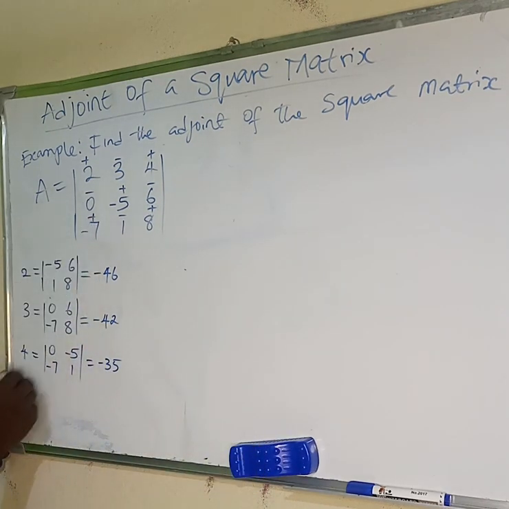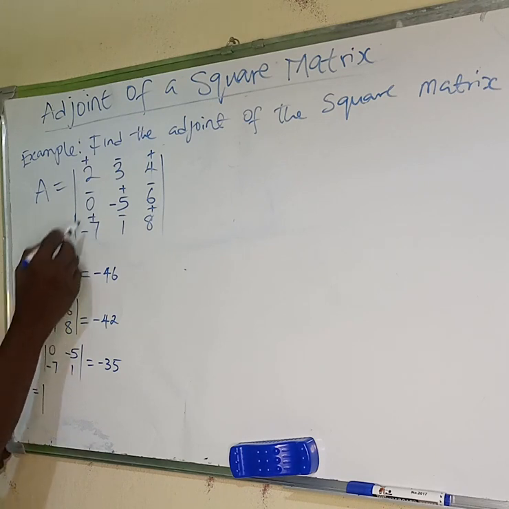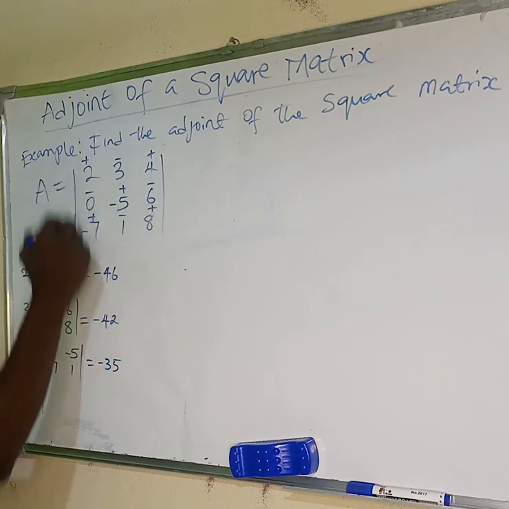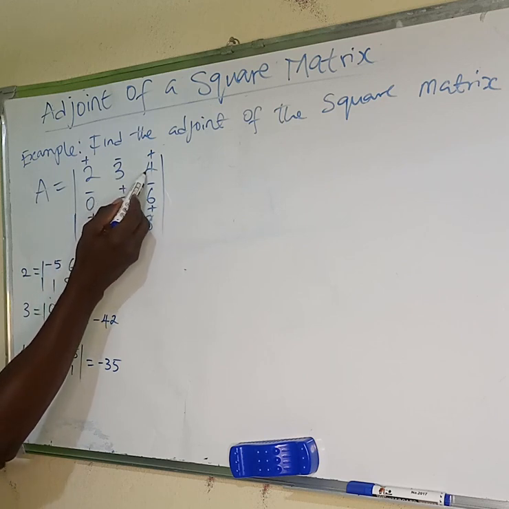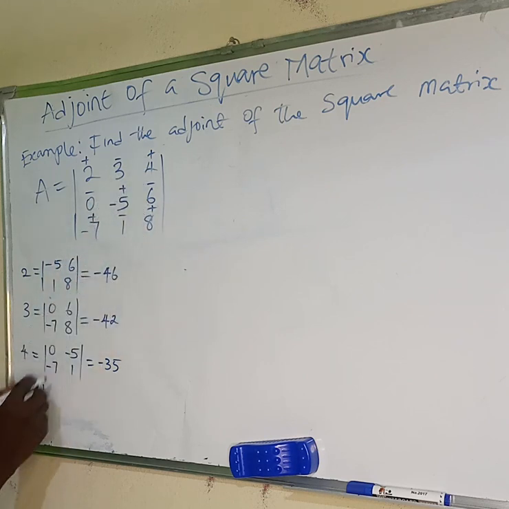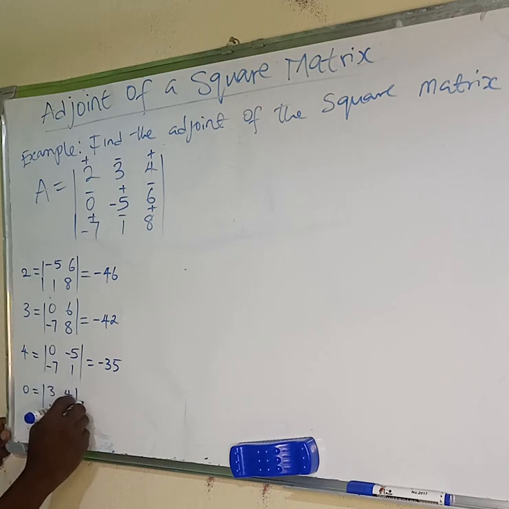All right. So move over to the next. The next one is 0. And for 0, if we eliminate all the elements in row and in column, we're going to be left with 3, 4, 1, 8. As usual, 3 multiply 8 will give us 24.